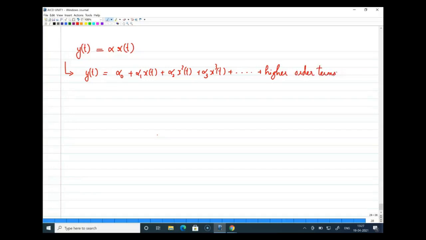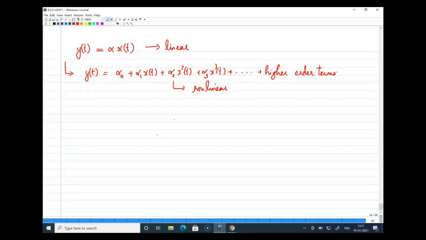So this is how we characterize non-linearity. If a system is linear, I can directly write using the first expression, but this shows a non-linear system, and this is generally characterized by the Taylor series expansion we are seeing now.